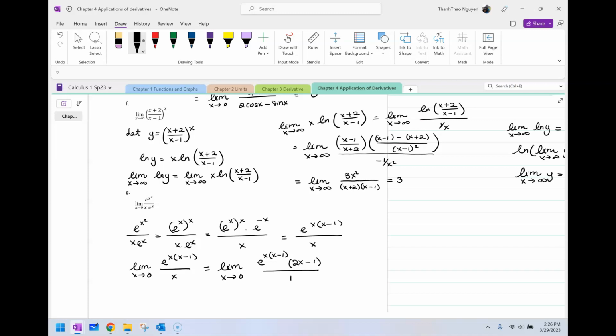So this limit, if we apply 0 here in this case, we get e to the 0, which equals 1.